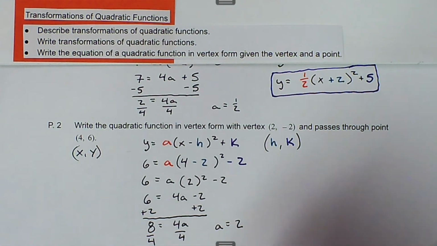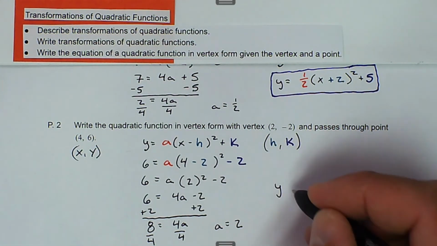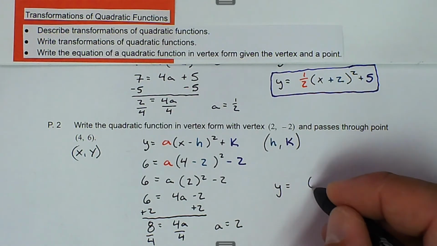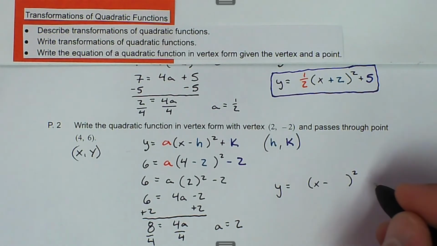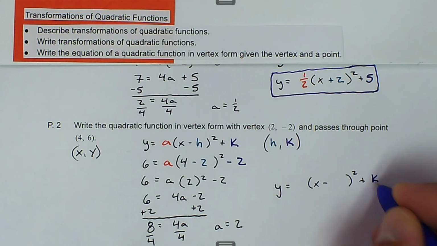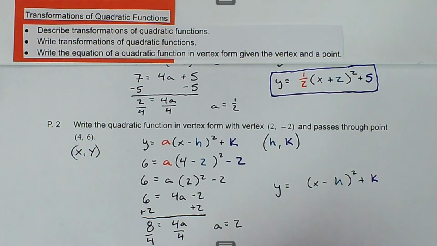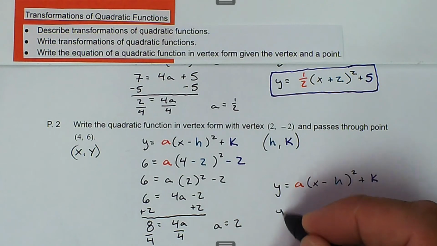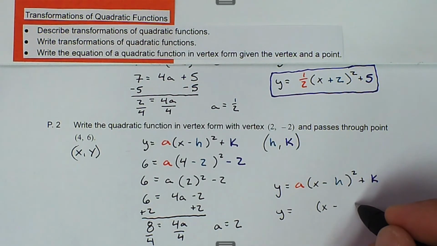And we can substitute those values in. y equals a times x minus h squared plus k. The y and x are going to remain variables.